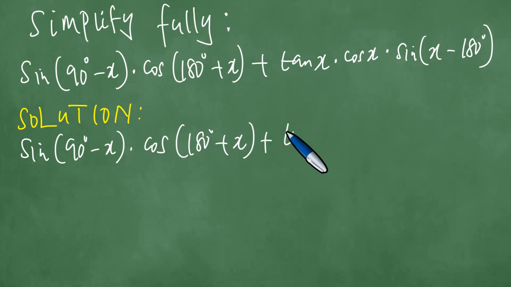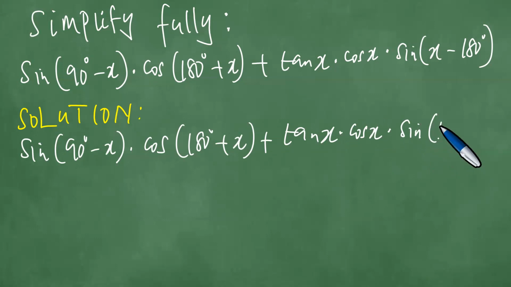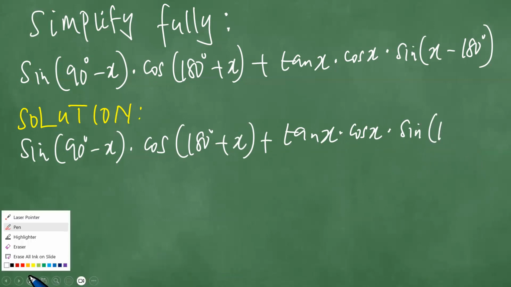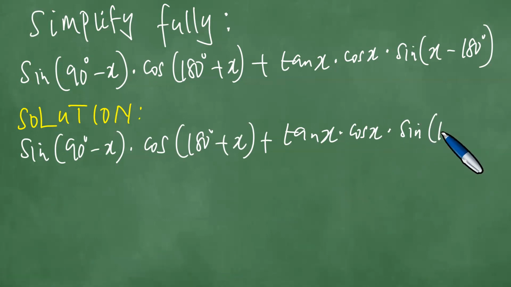This one is the tangent of x, and I'm just copying the question. It's not that we are doing anything fancy, I'm just replicating the question. And then we have here x minus 180 degrees. You have already said all of them are positive in the first quadrant. So at 90 degrees the cofunction changes, meaning the result is going to be positive.